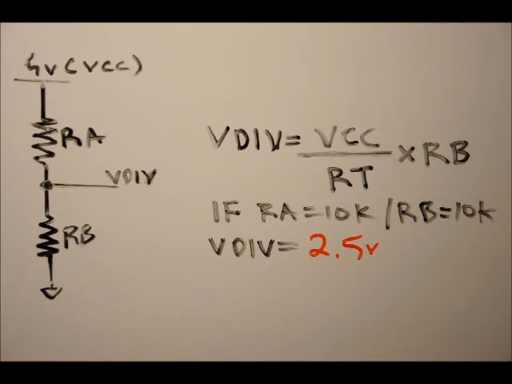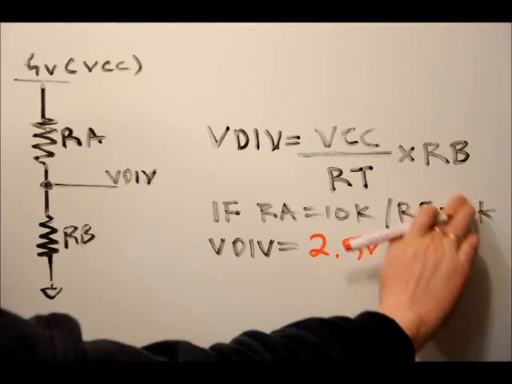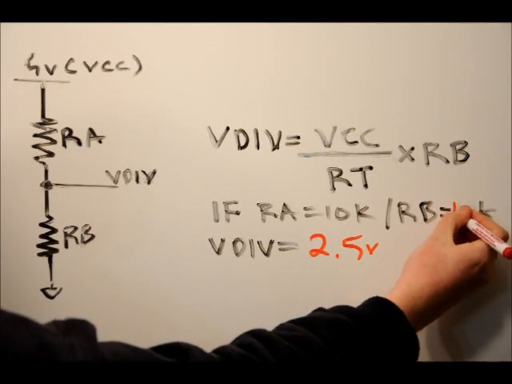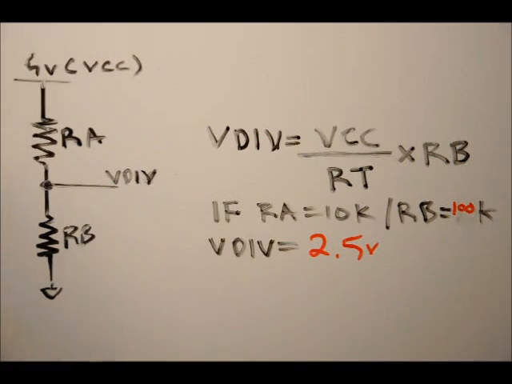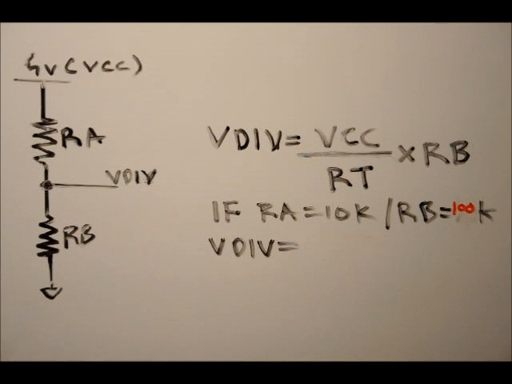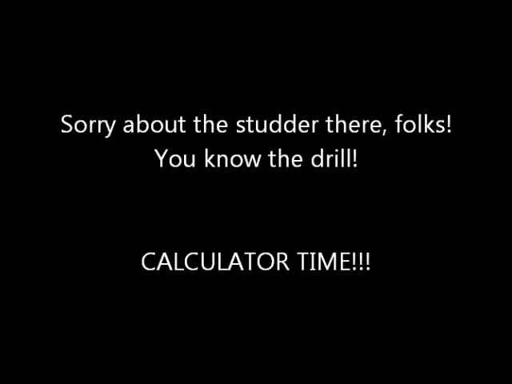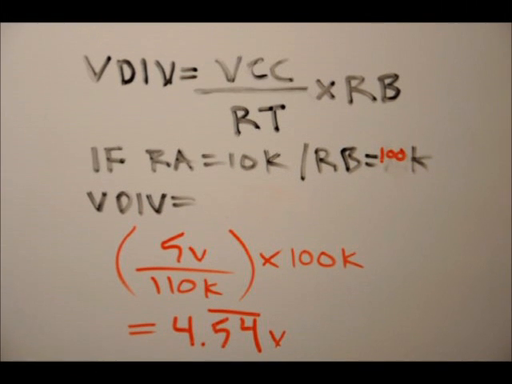So let's change this value to 100K. Why don't you stop it again and recalculate what our VDiv is. You should have received an answer of 4.54545454 repeating volts.